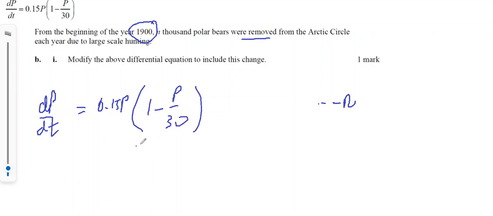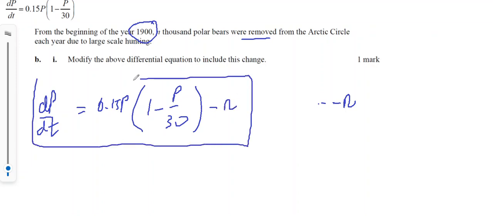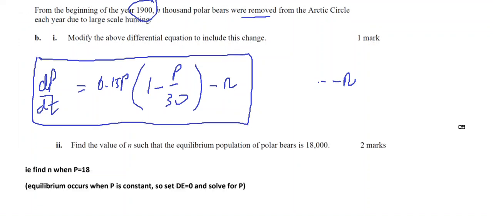That's the rate of growth due to the growth of the polar bears limited by its conditions and habitat, but I'm also going to be minusing n per year. And that's what part B, part 1 is.